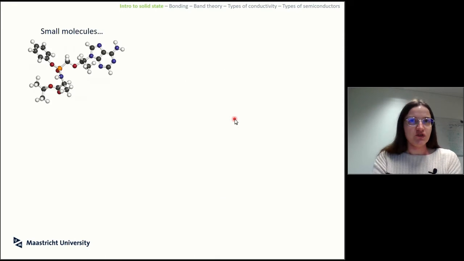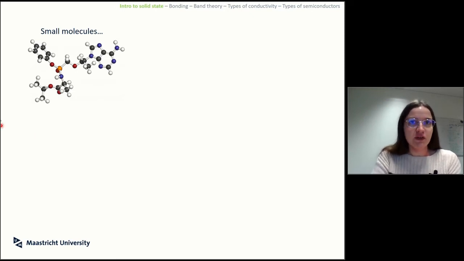So why do we have this distinction between the different kinds of chemistry? Basically, there is molecular chemistry, which is mostly concerned with small molecules. So you have a handful of atoms with some very specific interconnections.